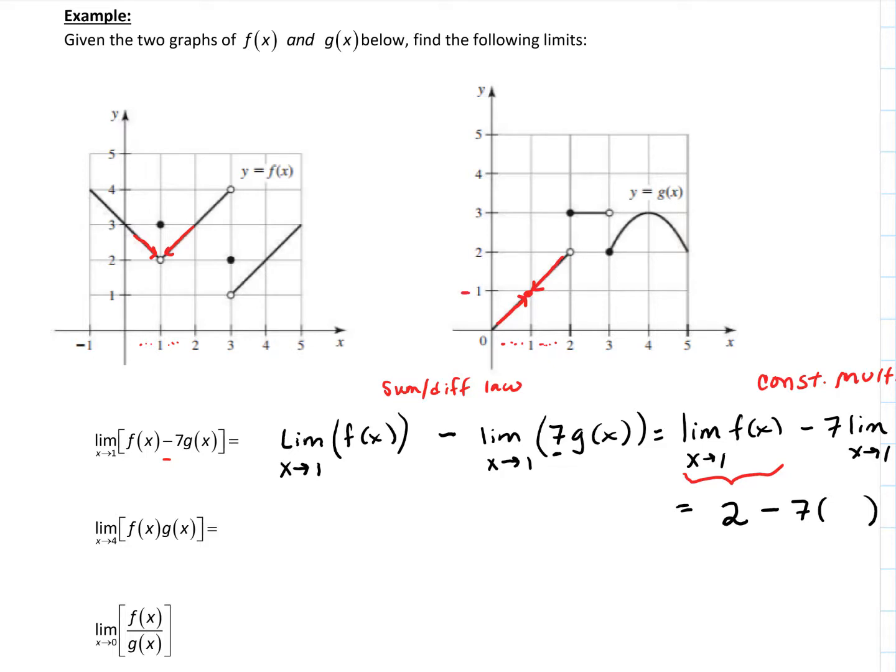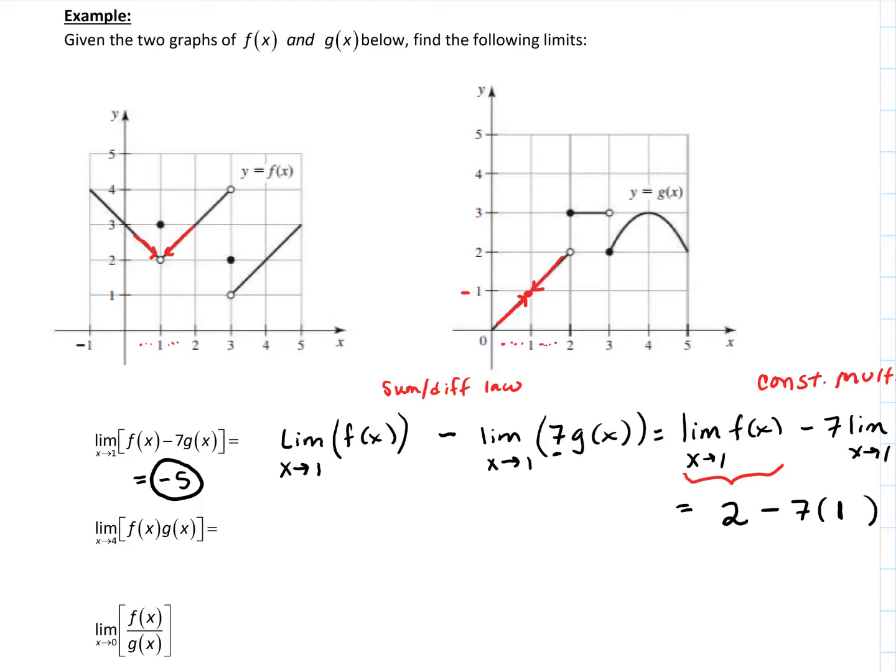So that's going to be 7 times 1. We're subtracting 7 times 1. And so this value becomes 2 minus 7, or negative 5. So the answer for this is equal to negative 5. Okay, showing each of the steps.